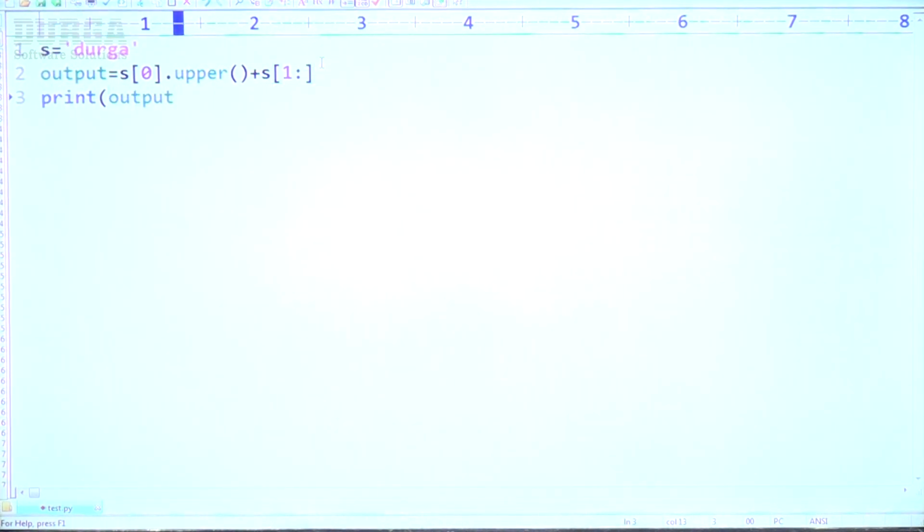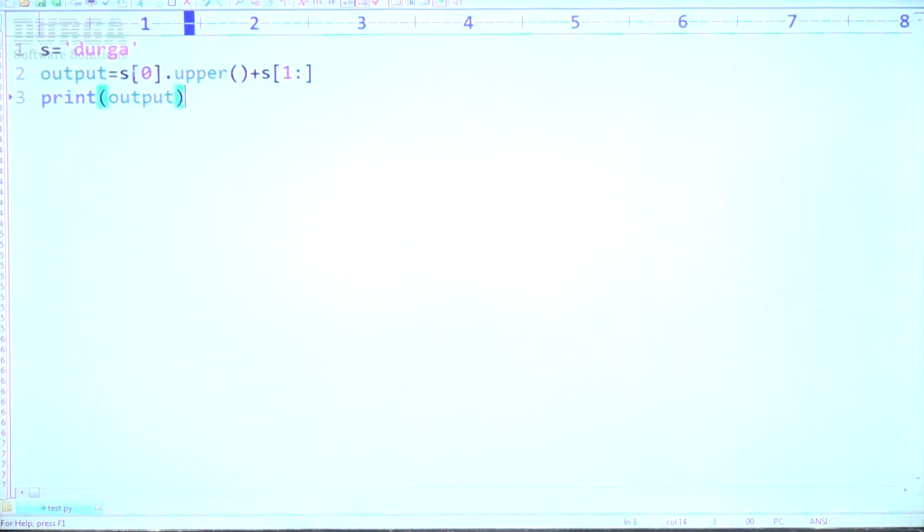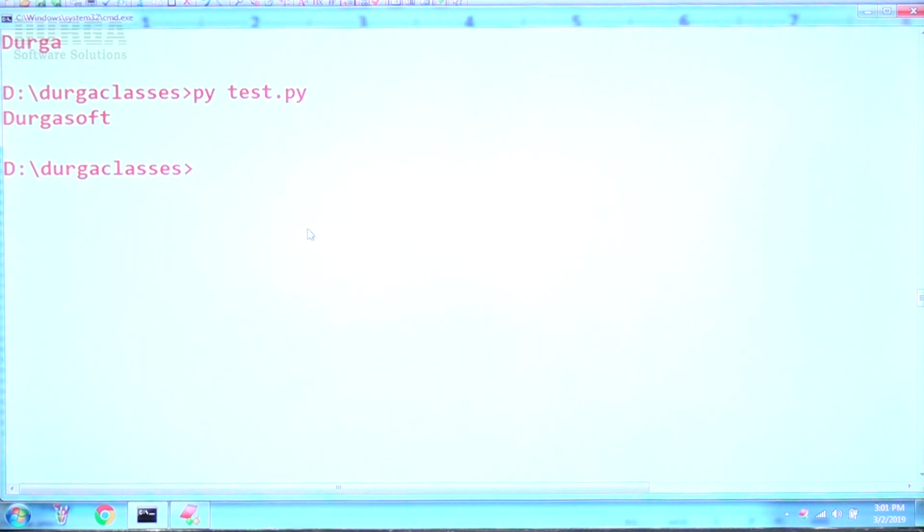Have a look, test.py. Durga, the first letter is uppercase. It need not be durga; I'm taking durgasoft. Anything, sir. The output always has the first letter uppercase and the remaining as it is.